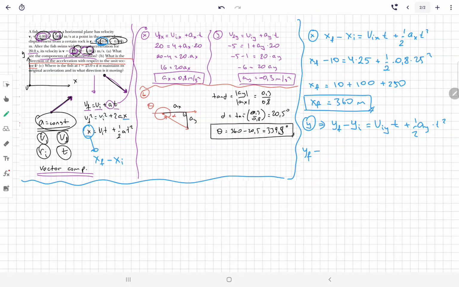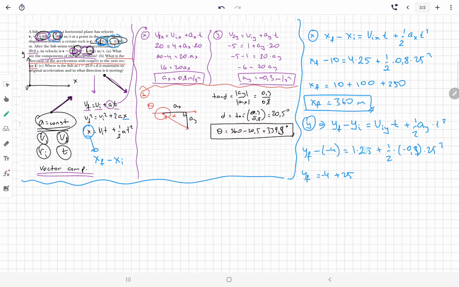Final position unknown, initial position -4, minus 4. Initial velocity in vertical direction, as you see here, +1 times time 25, 1/2, acceleration -0.3 in vertical direction times 25 square. So equal to 4 plus 25, -4, yes.